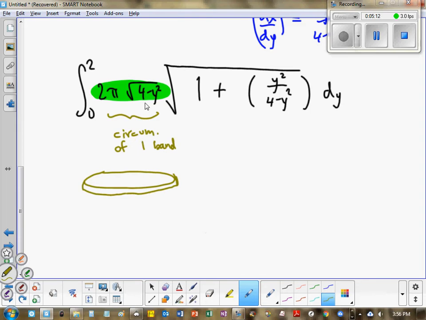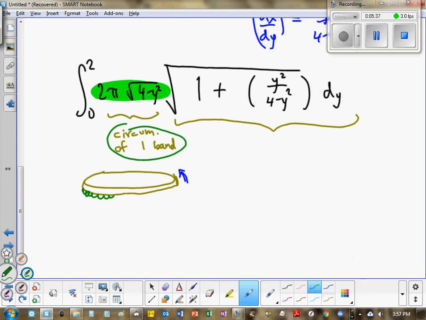But everything collapses together, so it doesn't matter whether you're thinking of top or bottom. So what is this part? This is from yesterday. This is ds, the infinitesimal curvy distance that we travel upwards, or downwards. Let's imagine that this front part represents the distance around the bottom of the band.